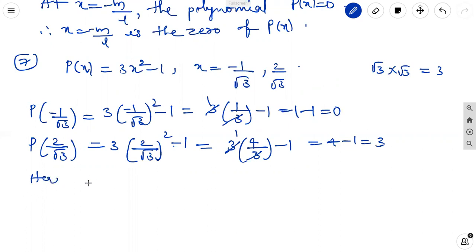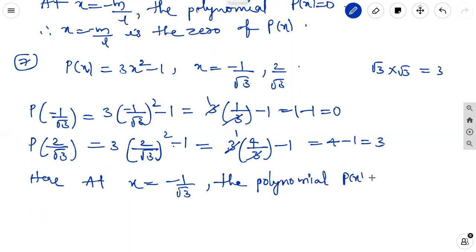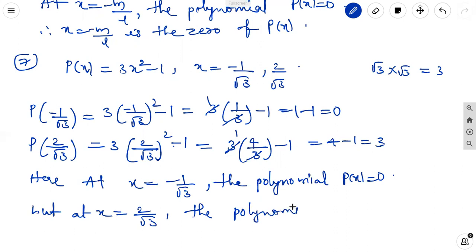Here at x equal to minus 1 by root 3, the polynomial p of x equal to 0, but at x equal to 2 by root 3, the polynomial p of x is not equal to 0.